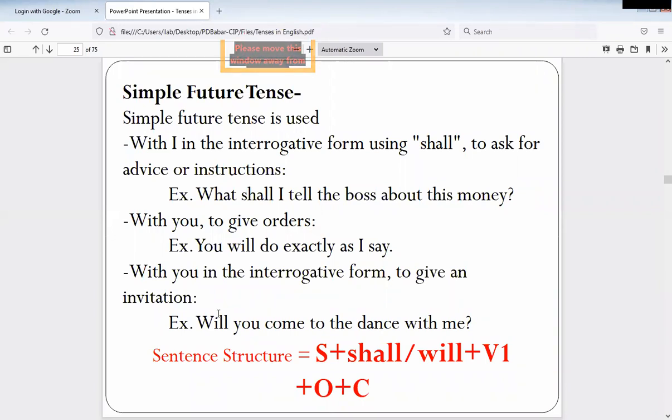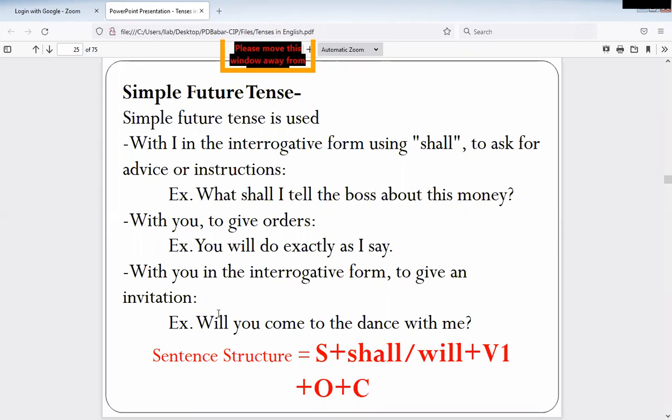This is the sentence structure we use for simple future tense.